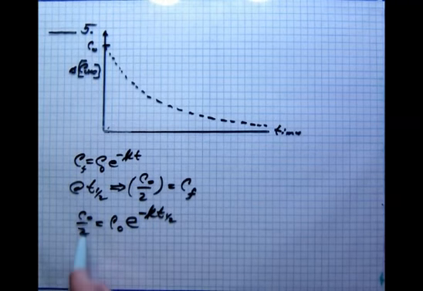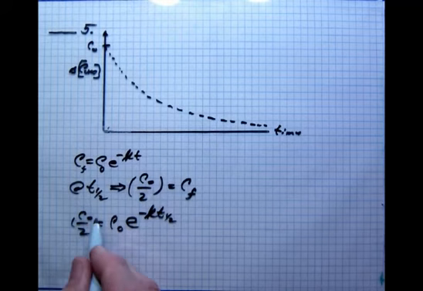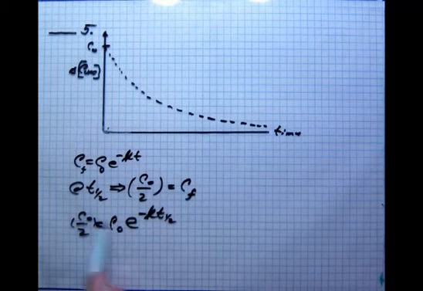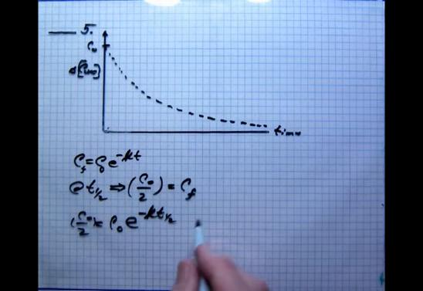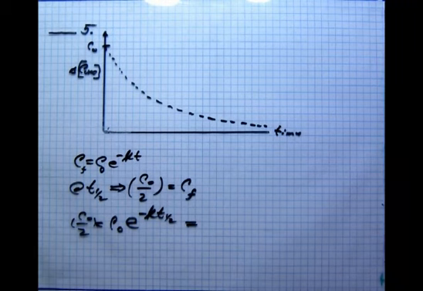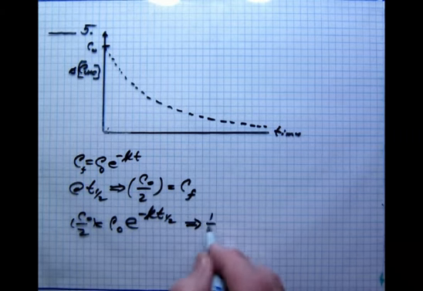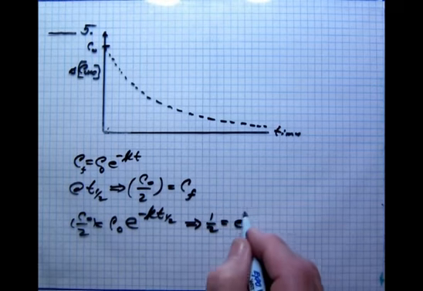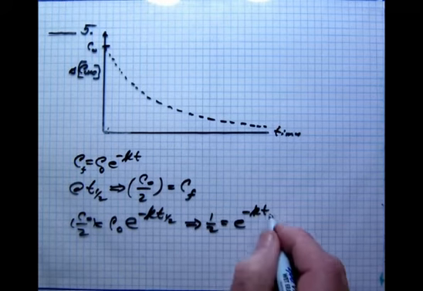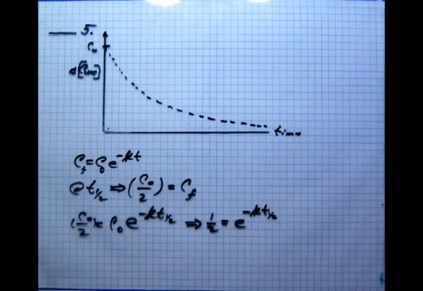When we assume this condition here. Well, if we divide both sides by concentration, initial concentration goes away. Doesn't matter what the concentration is. If it's decreased, goes to the next half-life, still the same half-life time. We have 1/2 equal e to the minus KT to the 1/2, like that.